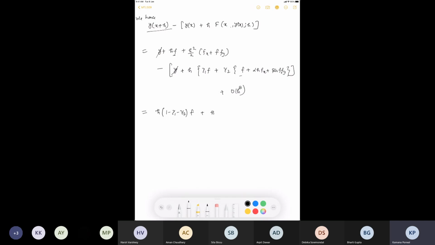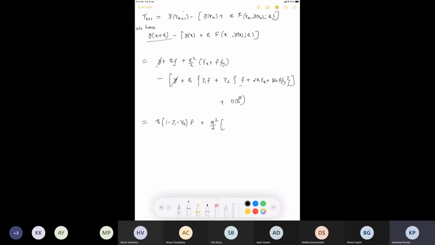And let's combine all the terms with the h square. So what I get as a multiple of h square.